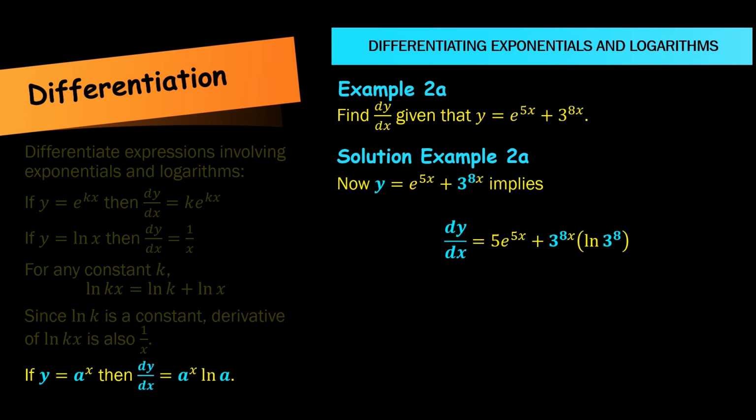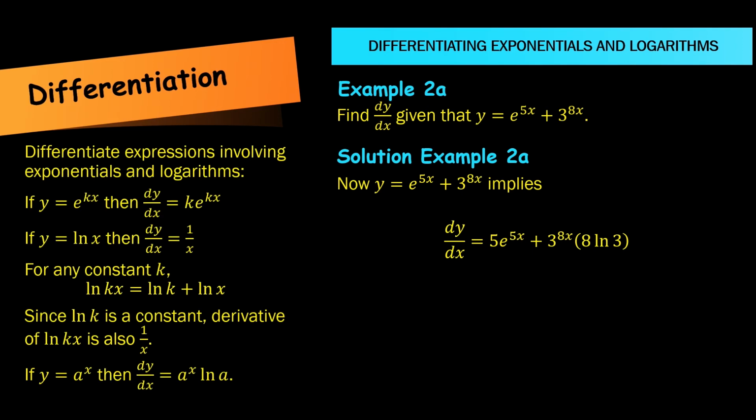If we plug in a equal to 3 to the power 8, as shown, we have that the second term differentiates to 3 to the power 8x times ln 3 to the power 8. And of course, ln 3 to the power 8 is 8 ln 3. And so we have our expression for dy dx.